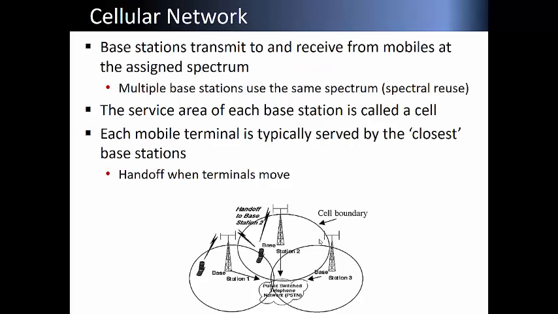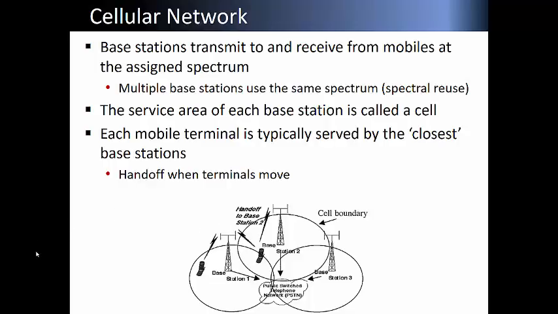So, cellular network. Base station transmits to and receives from mobile at the assigned spectrum. Multiple base stations use the same spectrum. The service area of each base station is called a cell. So now we know cell tower.